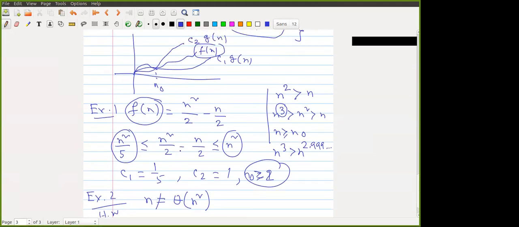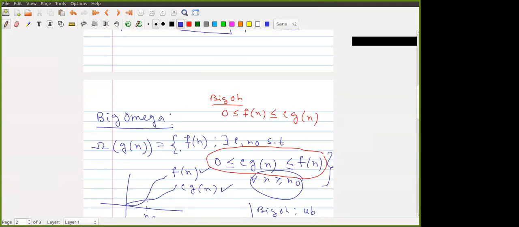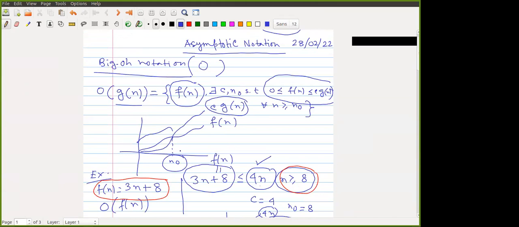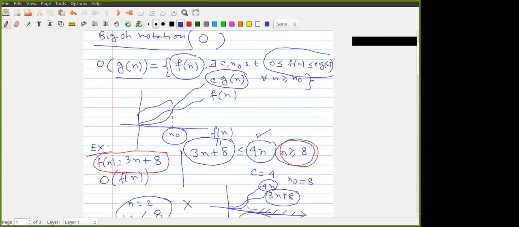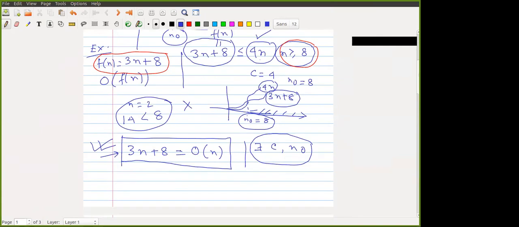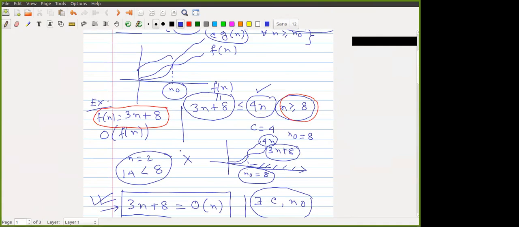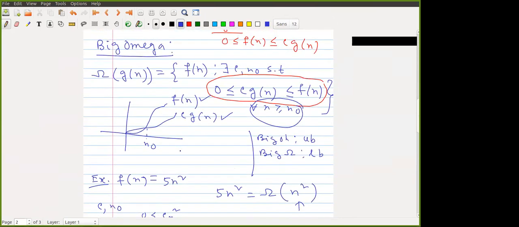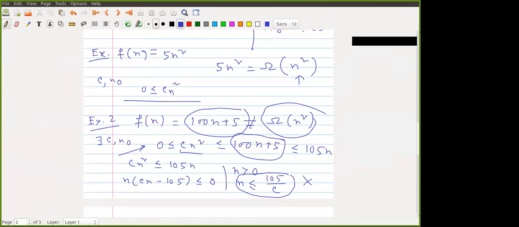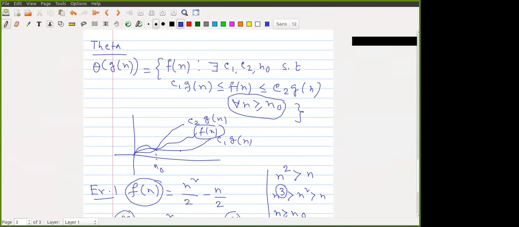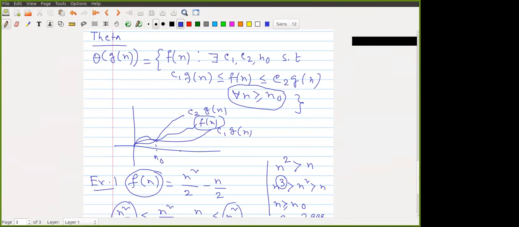So far so good. Again, I'm just giving you a summary. First we saw big O notation, which roughly gives you an upper bound. Similarly, big omega notation gives a lower bound. And of course there is a lower bound and an upper bound, so we want the function to be as accurate as possible, and that is theta.